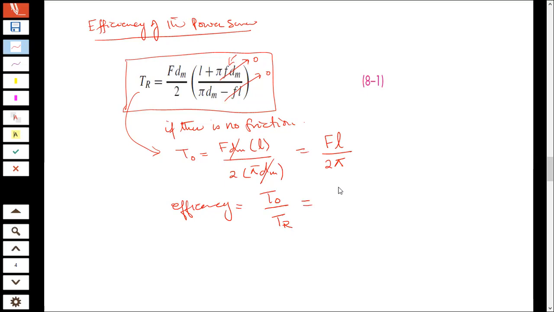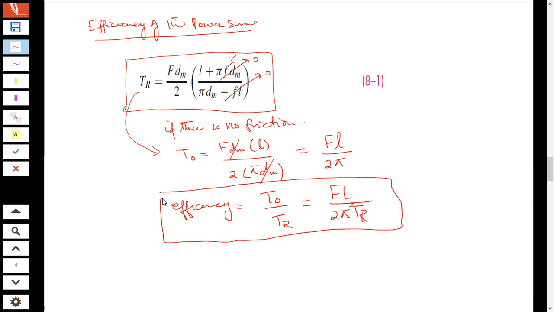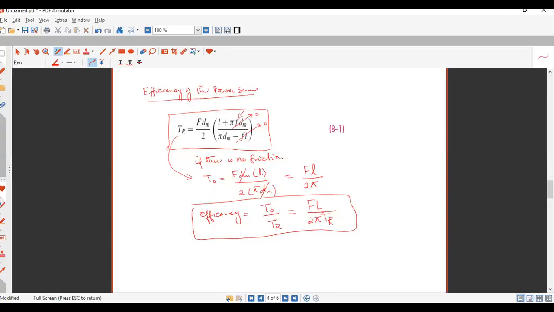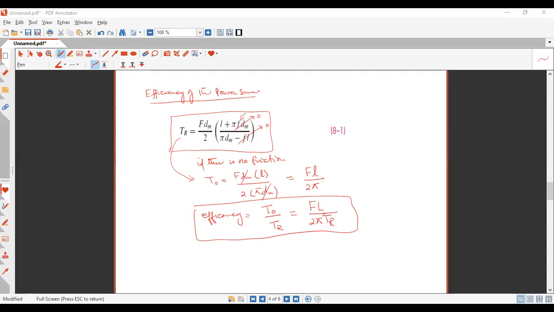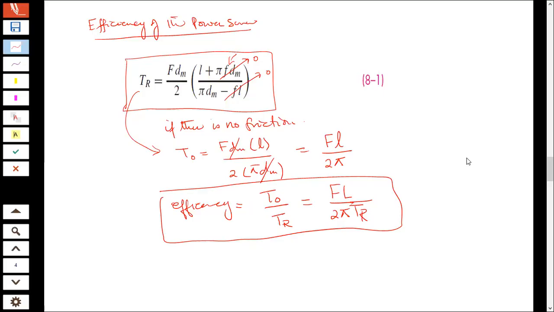So that is going to be F L over 2 pi divided by TR. So this is going to be the efficiency of the screw jack that I have, right? So I can go ahead and calculate my efficiency too for a screw jack, right?